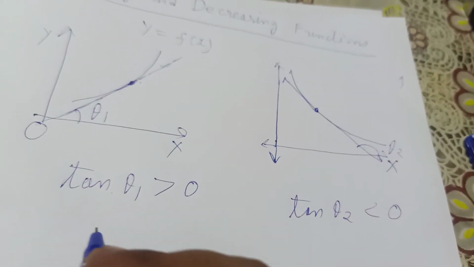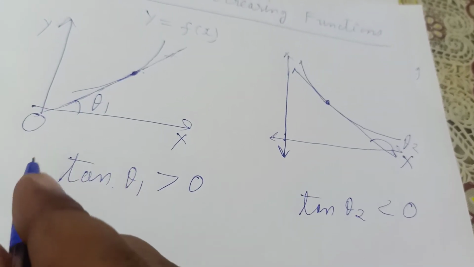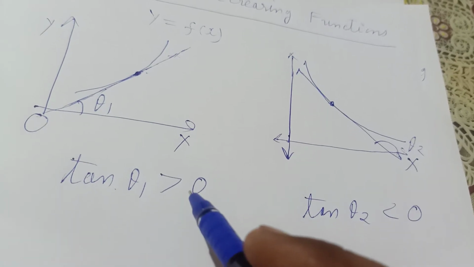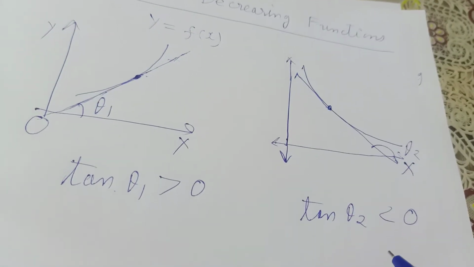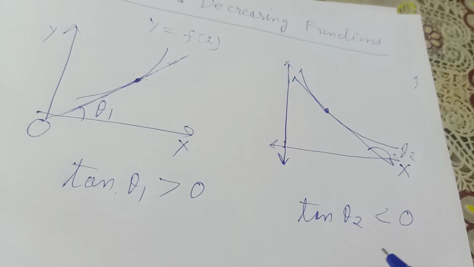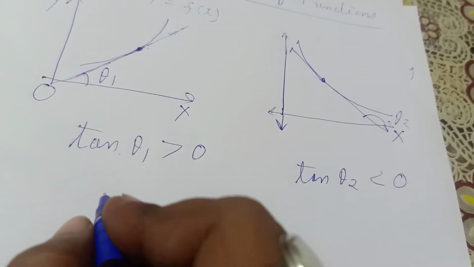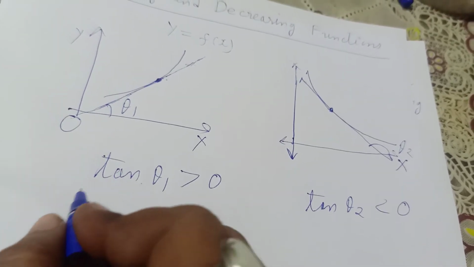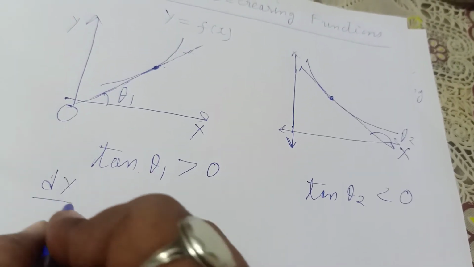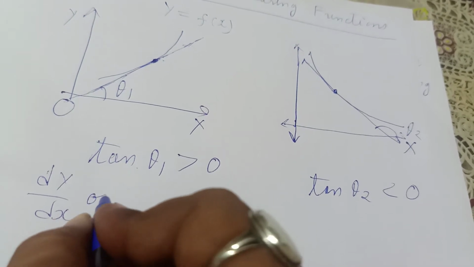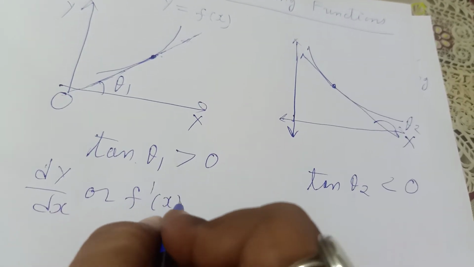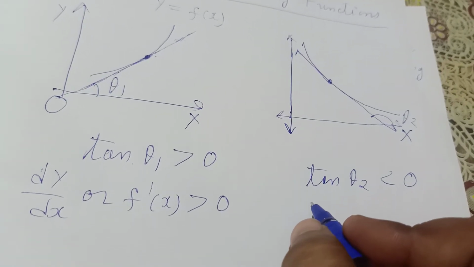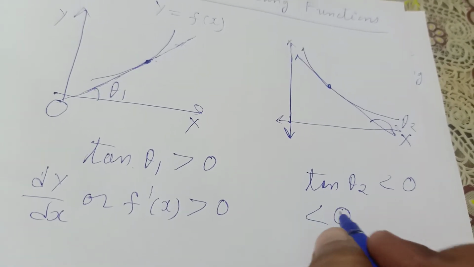Tan theta 1 is nothing but the slope of this tangent. So the slope of this tangent is positive and here it is negative, and the slope of the tangent is dy by dx, or f dash. So in this case dy by dx or f dash x is positive, and in this case it will be negative.